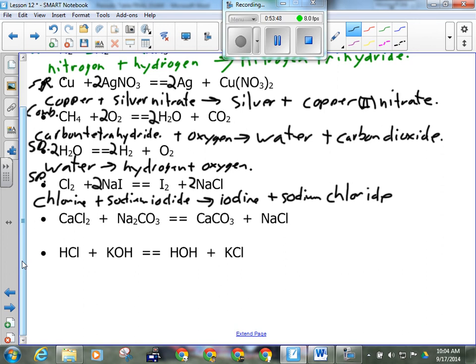So, in a double replacement reaction, DR, we would write out the names, which will take me forever, and the bell will go before I get it done. Calcium chloride plus sodium carbonate gives calcium carbonate plus sodium chloride. To balance, again, find the thing present in the largest number. That's sodium. There's 2 over here, so I put a 2 here. That gives me 2 chlorines, and there are 2 over here. Everything else is a 1. There's 1 carbonate and 1 carbonate, 1 calcium, 1 calcium.